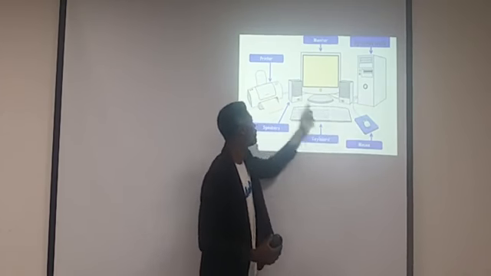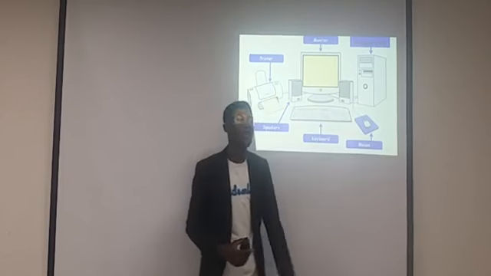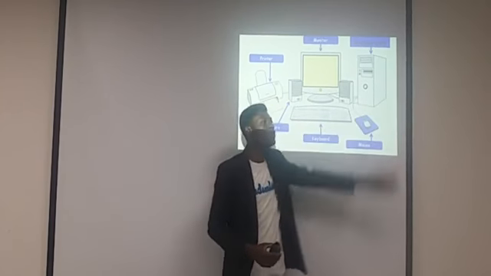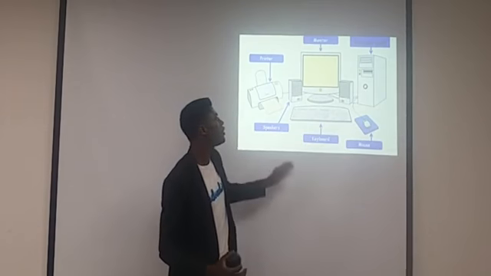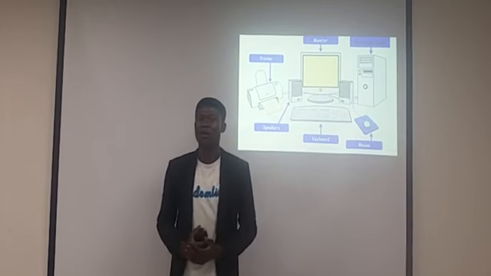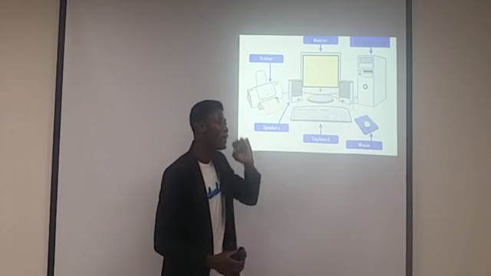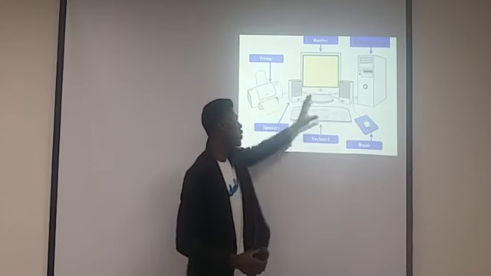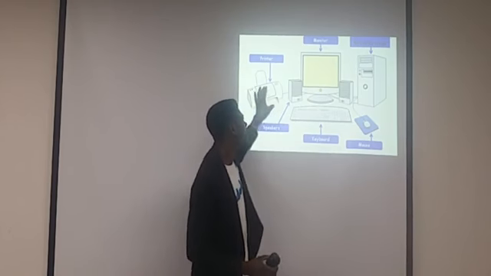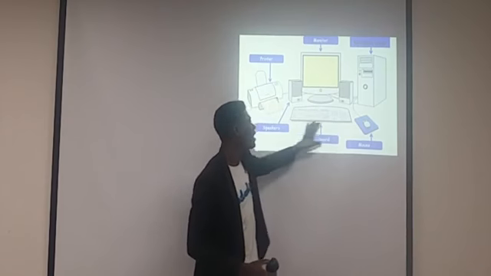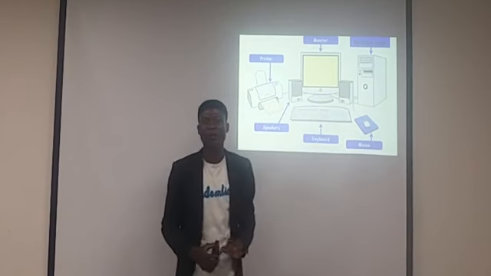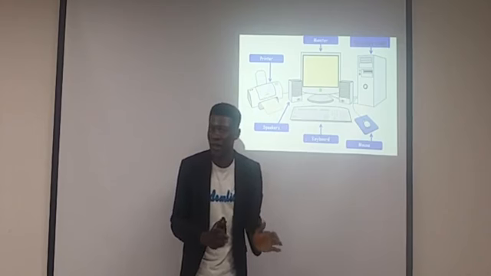You can see cables running from one place to the other, especially all towards the system unit. So all these come together to form what we call the system. However, it is important to know that some of those components, some of those devices are not as important as the others, in as much as they are all important anyway.